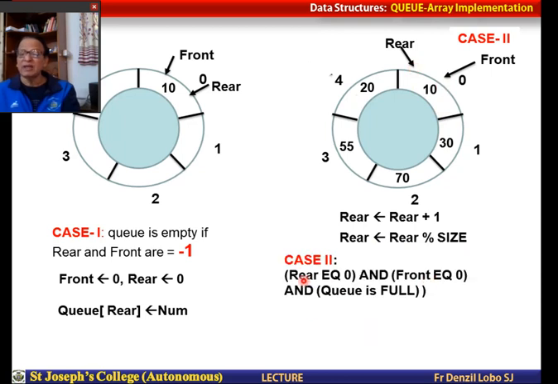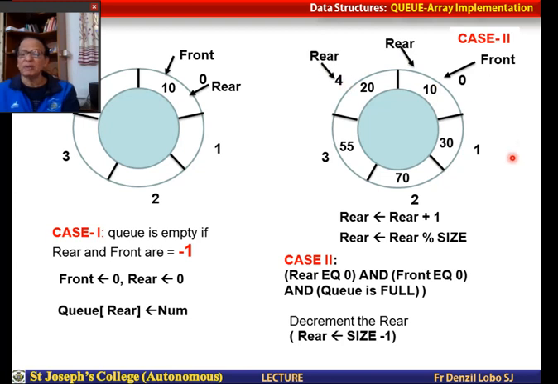Then I ask this question: if rear is equal to 0 and front is also equal to 0, and if Q is full, that is, capacity is equal to size, then of course I immediately give a message saying that it is full, therefore decrement the value of rear. This is case 2. In case the circular Q is completely full, then I go back, I say rear is equal to size minus 1. So size is, as you know, 5 here. 5 minus 1 is equal to 4. So rear will go back to this place.